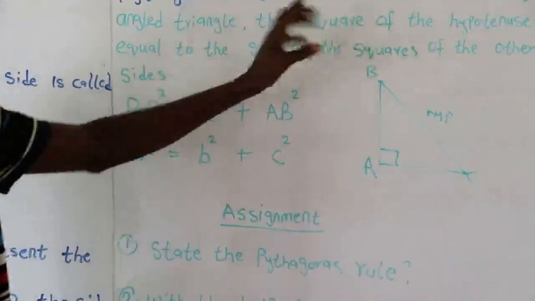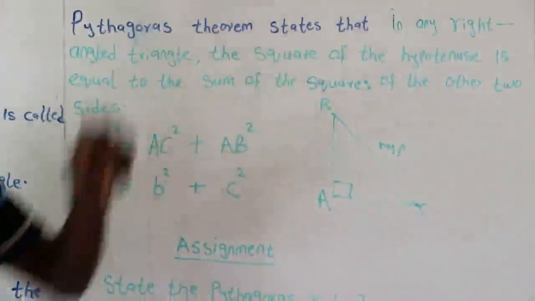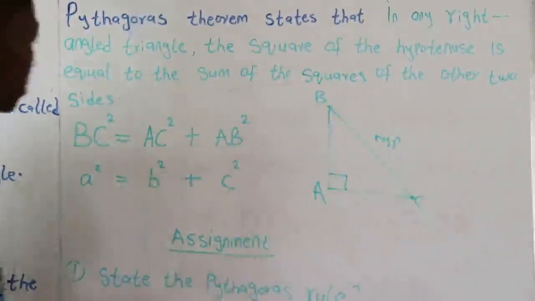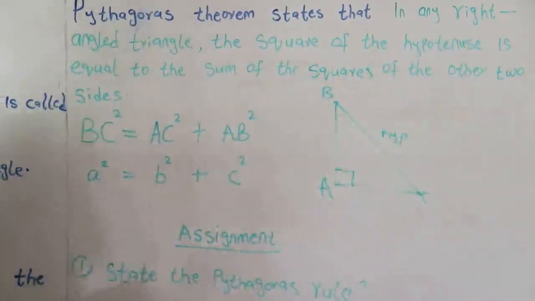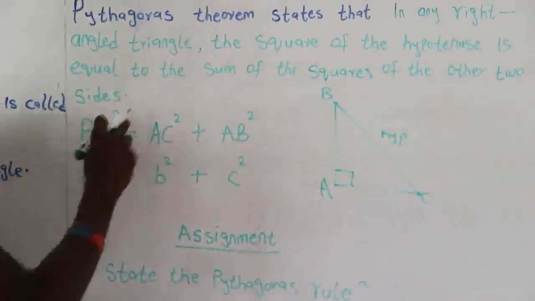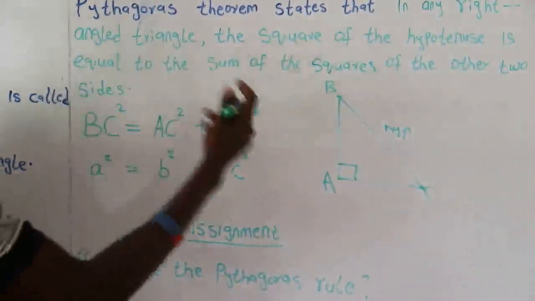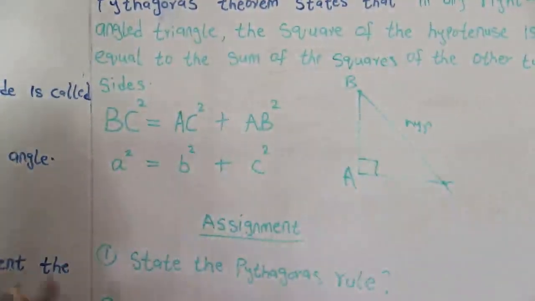And the theorem said that in any right angle triangle, the square of the hypotenuse, if the hypotenuse is line BC, it is going to also have the square, because they say the square of the hypotenuse. So that's why we're having BC, and then we inscribe our square on it, is equal to the sum of the squares of the other two sides.